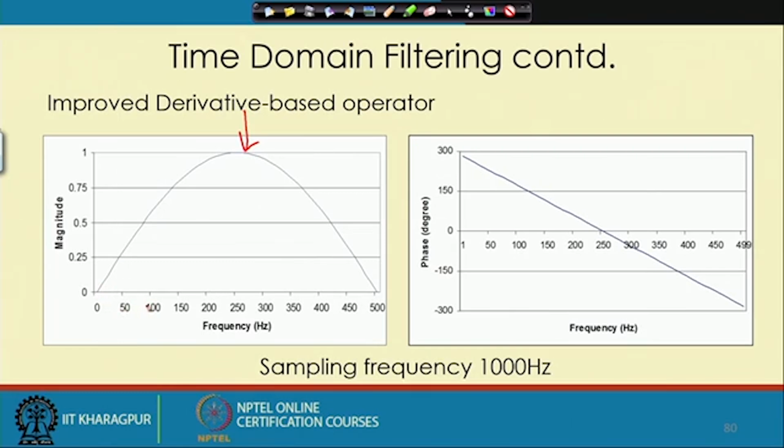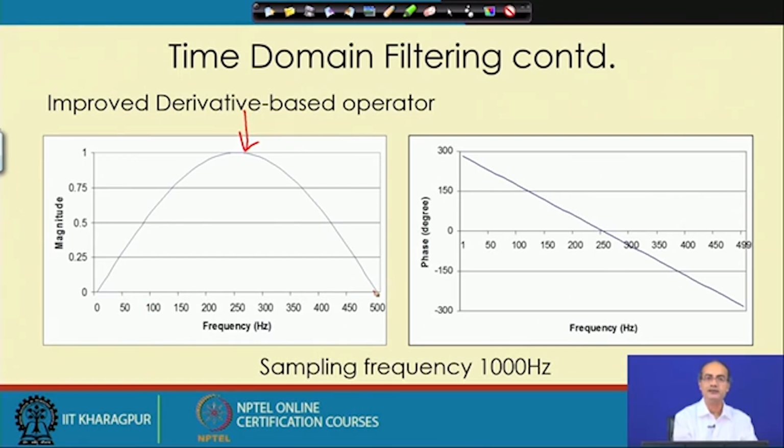At the same time, if there is a very high frequency term, that will also get suppressed, or at least it will not be magnified by this improved derivative filter, and at the same time it has preserved the linear phase. So, that is the good thing, and this filter is much better for real life use.